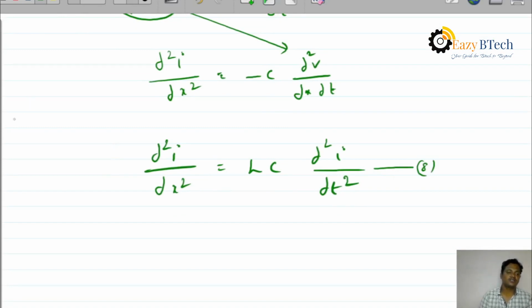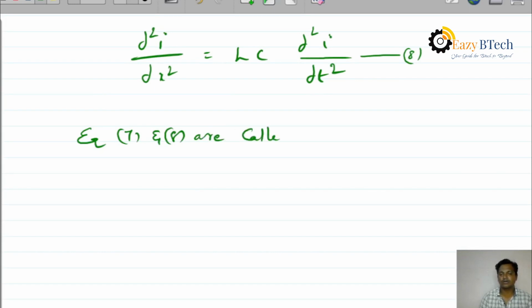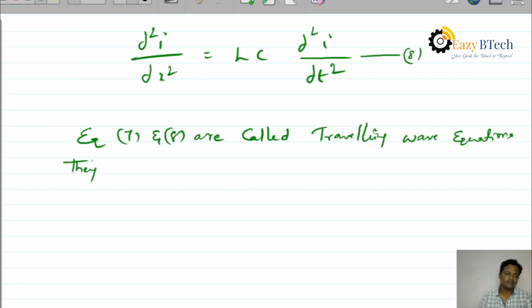Next, equations 7 and 8 are called traveling wave equations. They are distributed along the line.